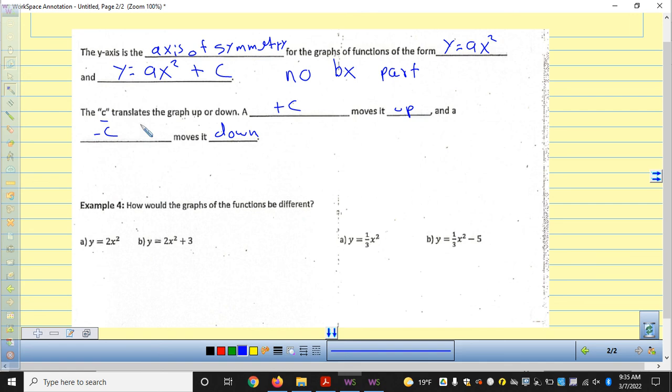We talked about how they shifted up and down and left and right. And when we had something added outside the absolute value, if it was positive, it shifted the absolute value up. And if it was negative, it shifted the absolute value down, the V-shaped graph. Parabolas are exactly the same. This c out here at the end, if it's positive, it moves our graph up. If it's negative, it moves our graph down.